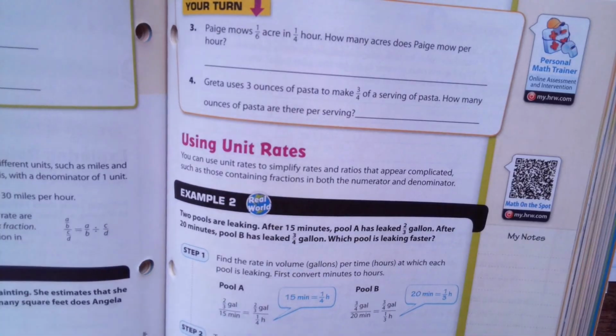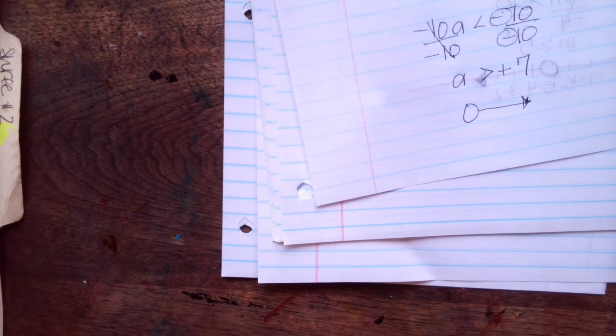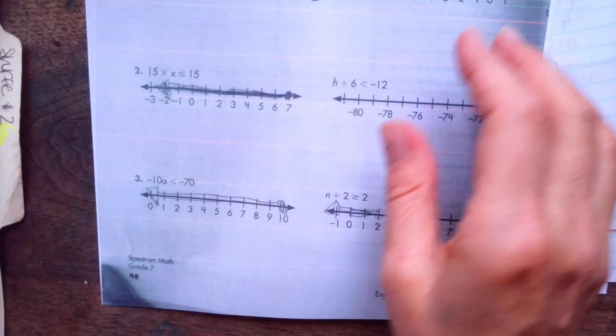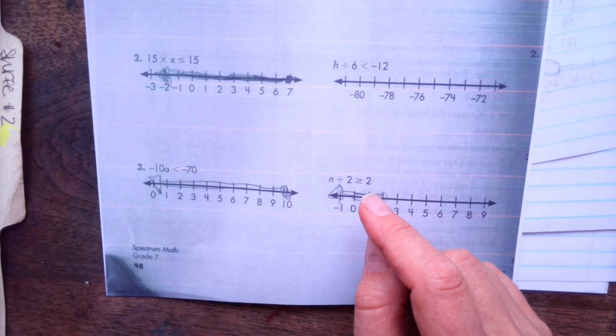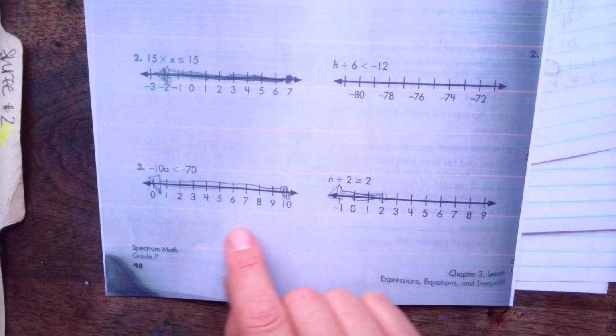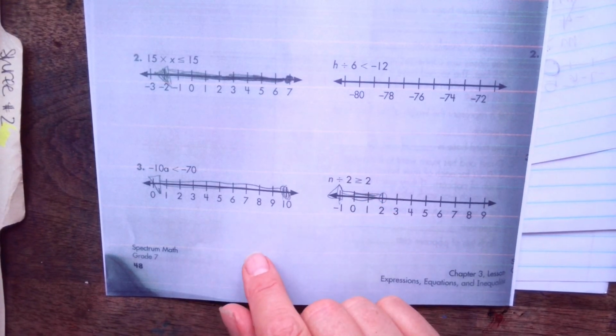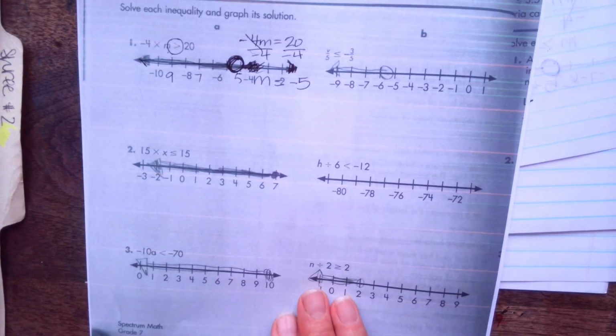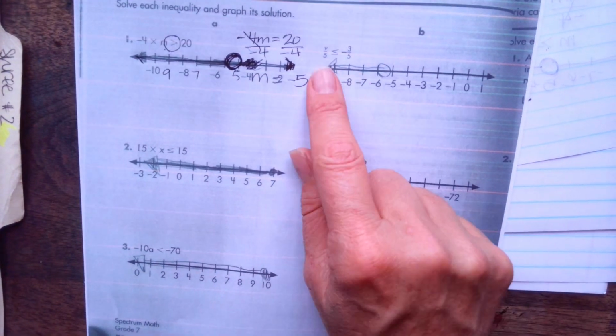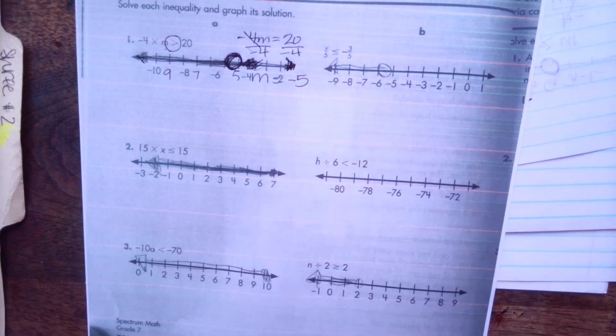So for your homework, you're going to redo these because I'm not really too sure what you did on them. Okay. So just check them all and make sure you did them right. And then remember to solve a fraction, if they're dividing by 5, you're going to multiply by 5.